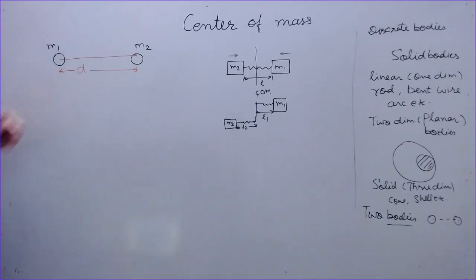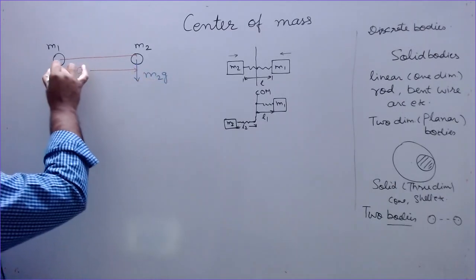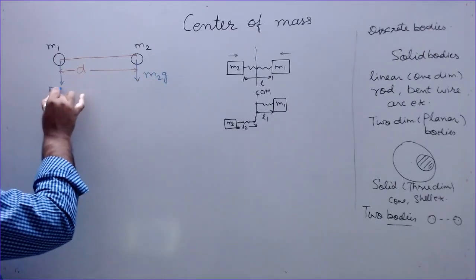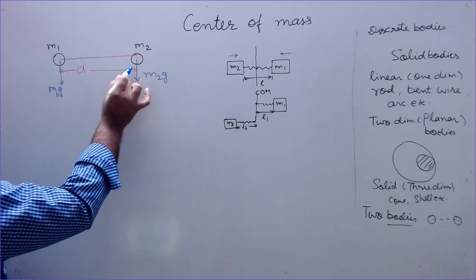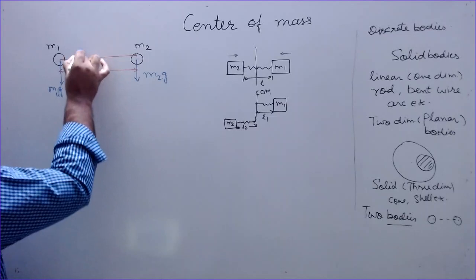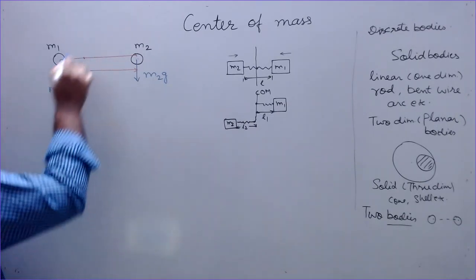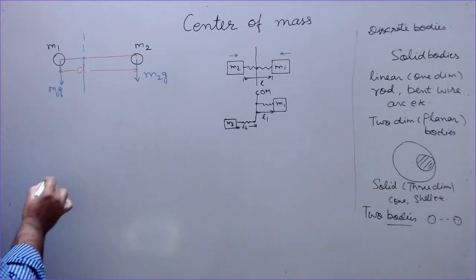So here let us find the center of mass. How to do this? Its weight is m2g in downward direction and it is m1g in downward direction. Now this distance d is large enough as compared to their radii. Suppose the center of mass is at this point and this is the vertical through the center of mass.